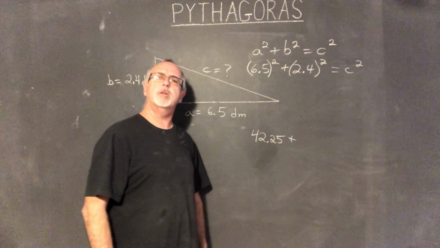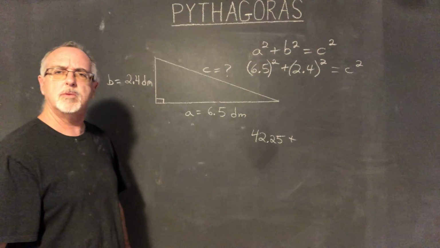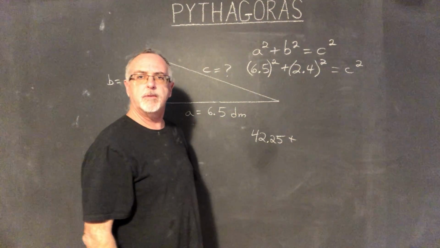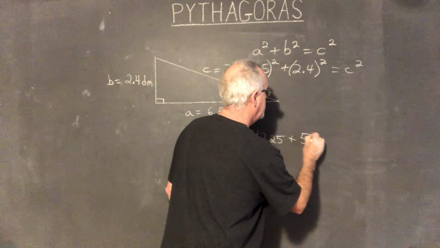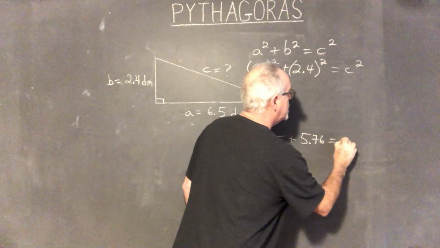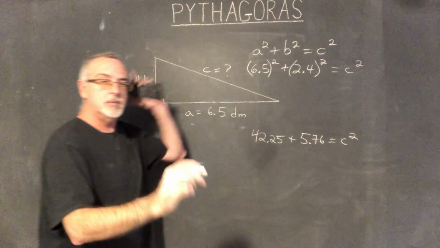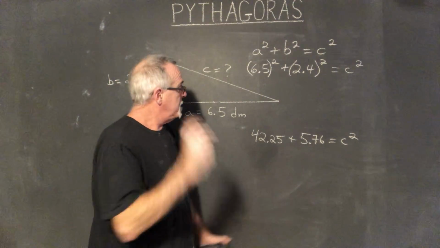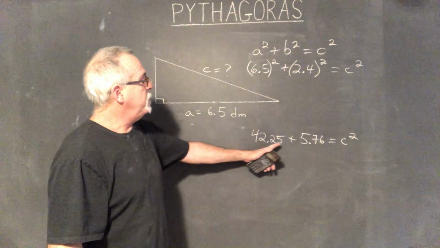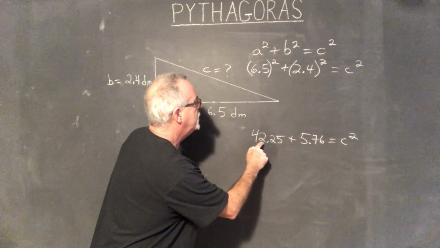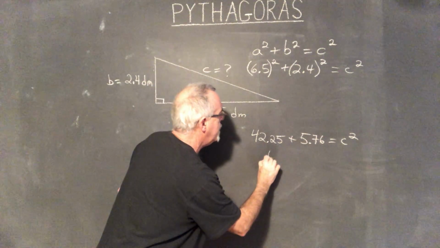Hey, we had 24 squared in an earlier example, and the answer was 576. Now we have 2.4 squared, and the answer is 5.76. Okay. Are we surprised? Doubt it. Okay, equals c squared. This is working. There's decimals all over the place. And I didn't even have to round so far. But 42.25 plus 5.76 is going to be 48.01. Is that going to be it?